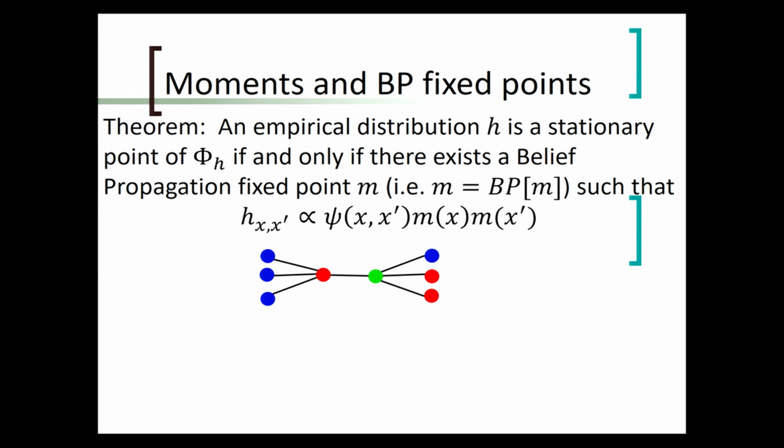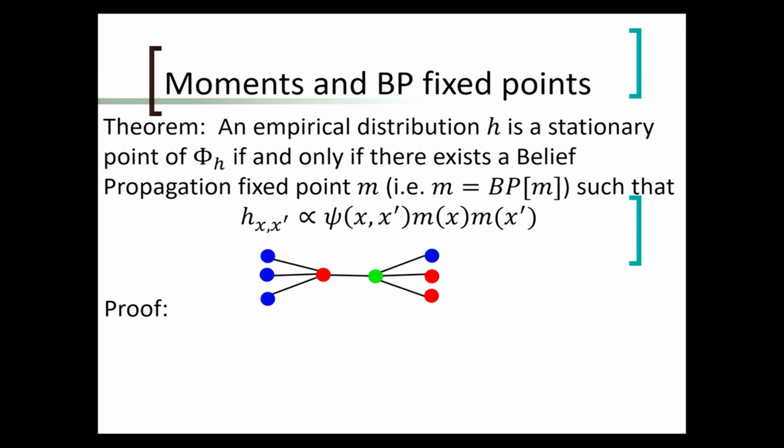Then the maximizers, or actually any stationary point of phi of H, is of the form H of x x prime equals m of x prime times psi of x x prime. This is the weight on the edge. So this is the empirical distribution you'd expect to see on this edge in a tree where all of the messages were m.